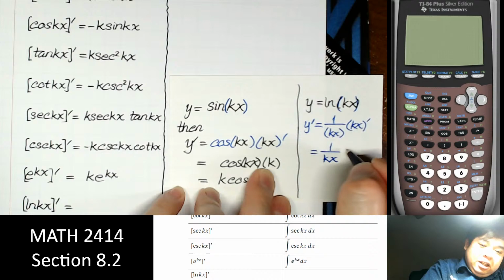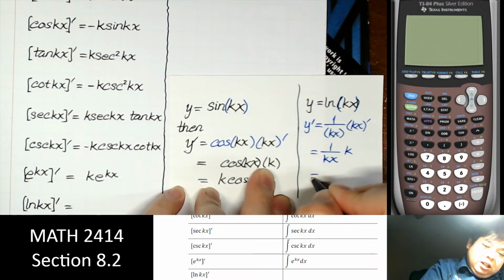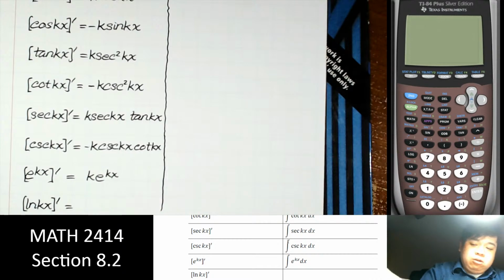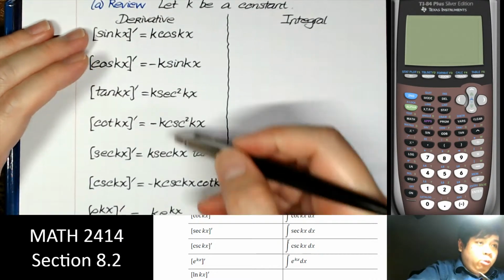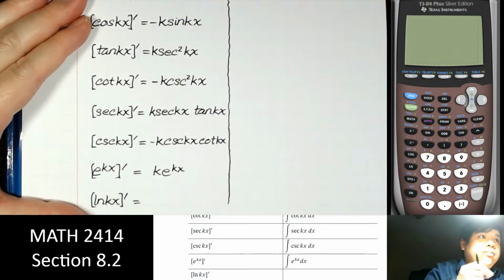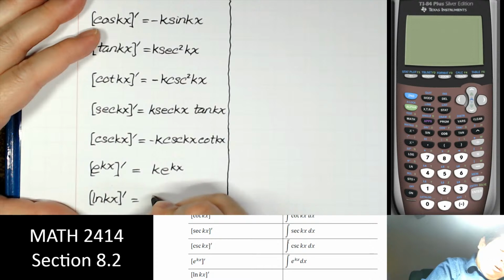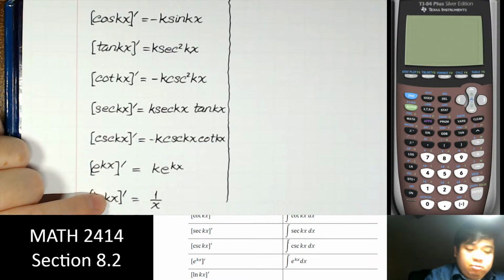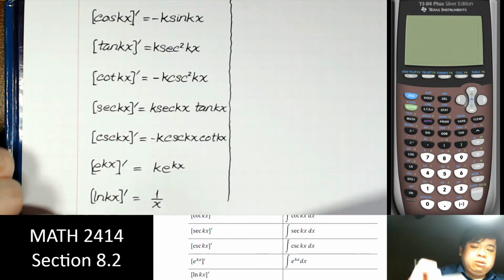Derivative of kx is k. So we have k over kx, and the k cancels out. So all of them have the k in front of it, except for the ln, where we just have 1 over x. Even though there's a constant k, the k cancels out.